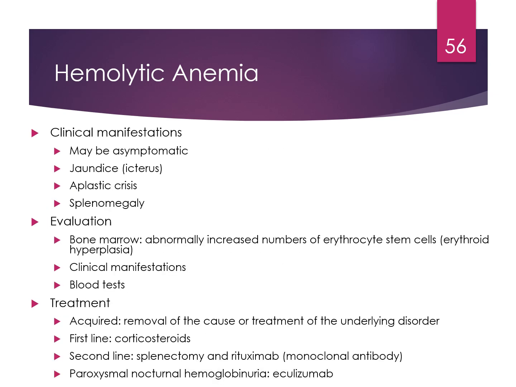On this slide, you can see some of the clinical manifestations that may be present in individuals who have hemolytic anemia. It is important to note that patients who present with hemolytic anemia can be asymptomatic. It is also important to note that evaluation for hemolytic anemia includes bone marrow evaluation combined with the clinical manifestations and doing some blood tests.